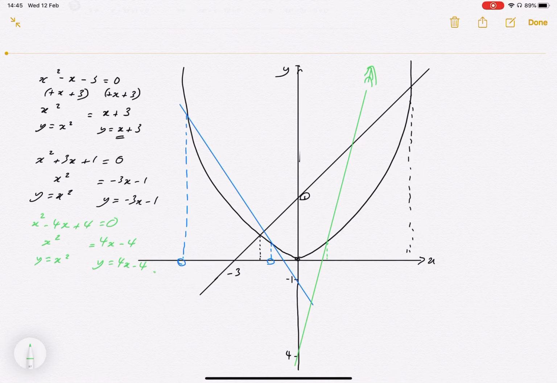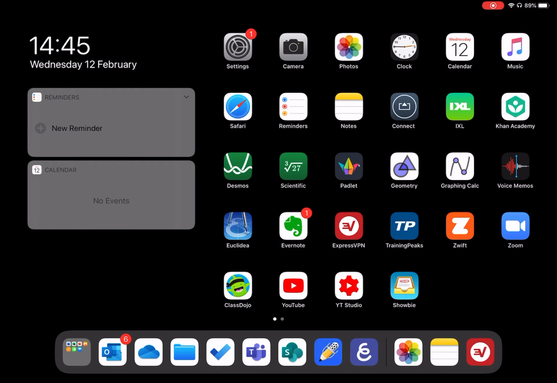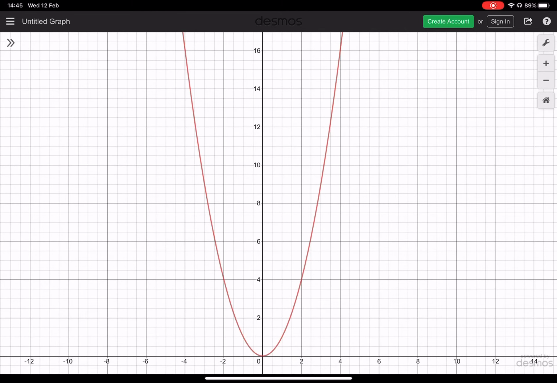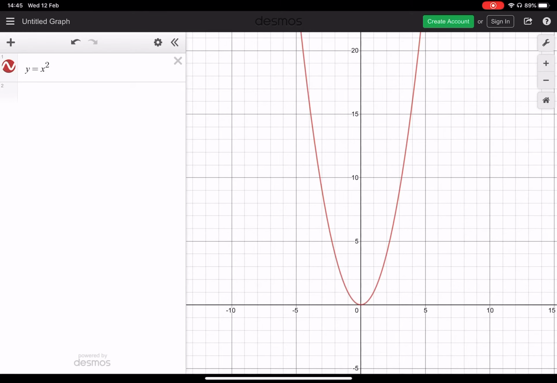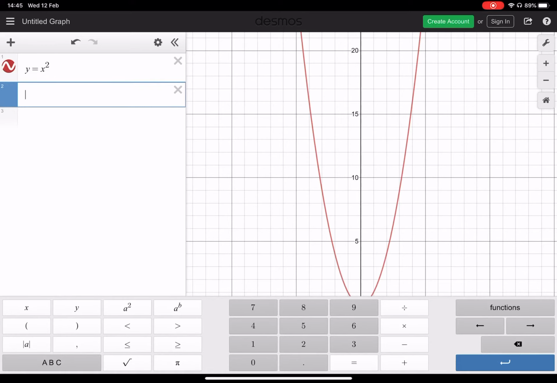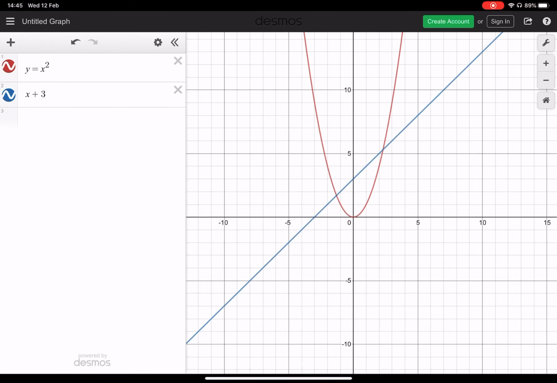If I were to, however, go into something like Desmos and do it a little bit more accurately, I've got this y equals x squared here, and I can put in those graphs as well. I've got x plus 3, so you can see those are your two solutions, negative 1.3 and 2.3.